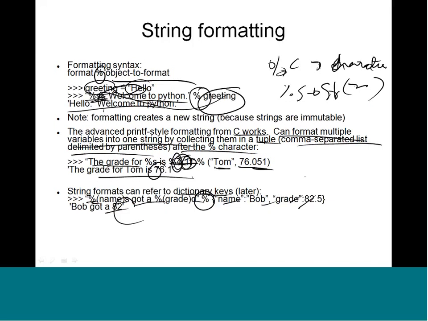So if you want to format, say, 15, the first one, which is the uppercase X, will format this as uppercase F, whereas the lowercase will format this as lowercase f.